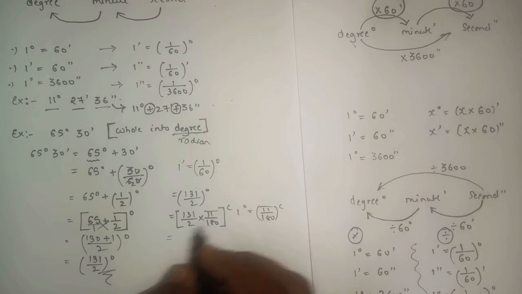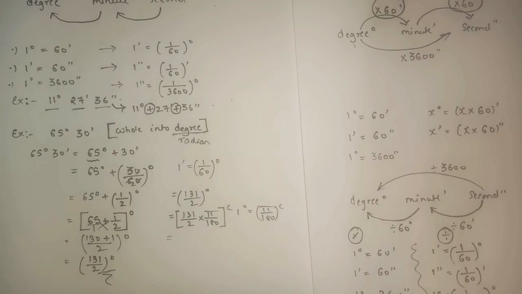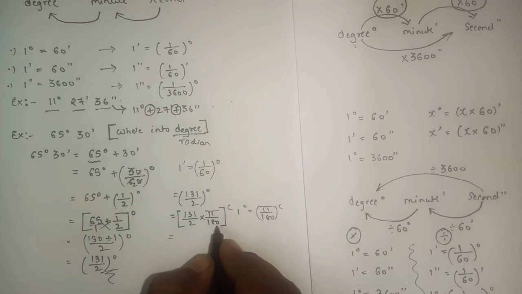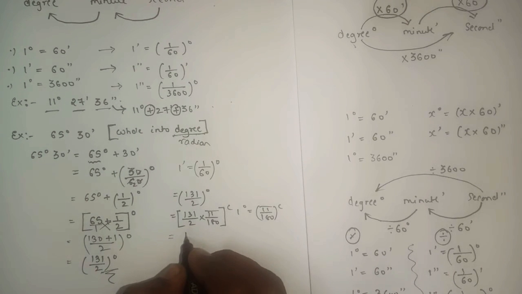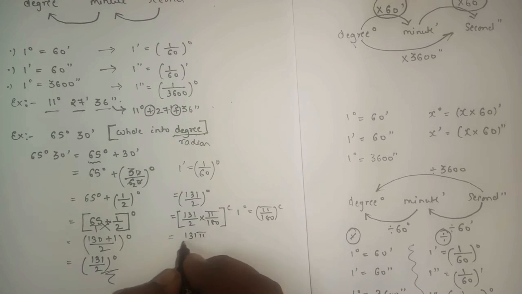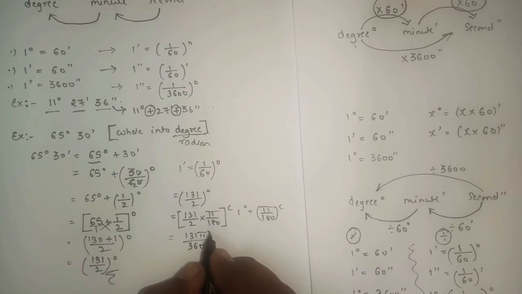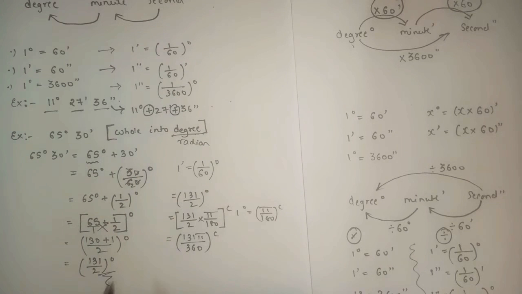Further see if we can do the cancellation. No, we cannot do, because here is an odd and an even number. So the final step will be 131 pi upon 2 into 180, we can write as 360. Okay, so here in degree it is 131 upon 2, and in radian that is 131 pi upon 360.